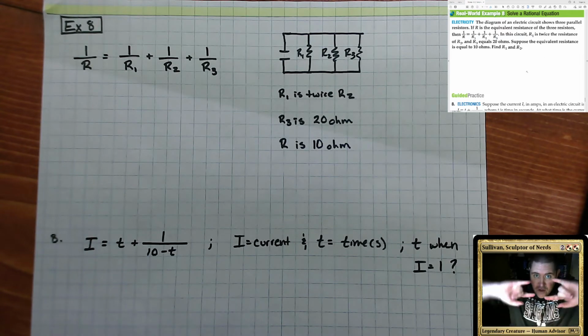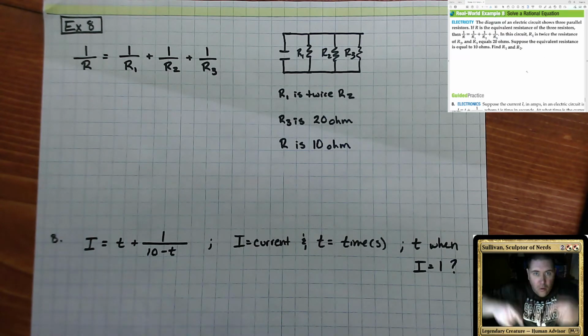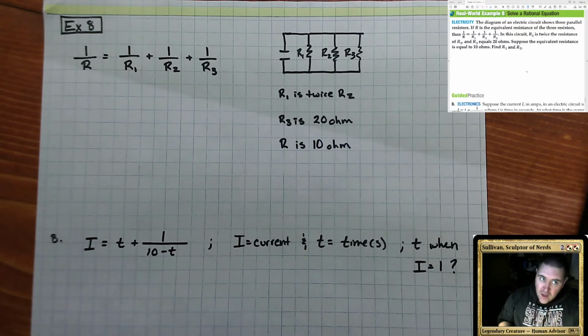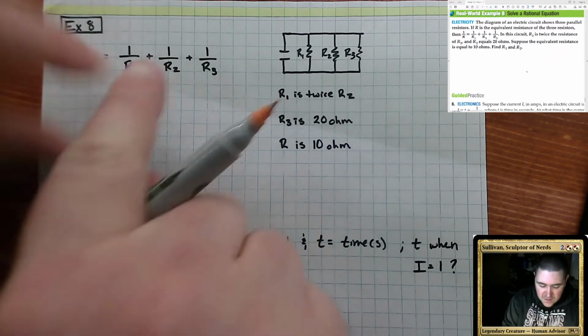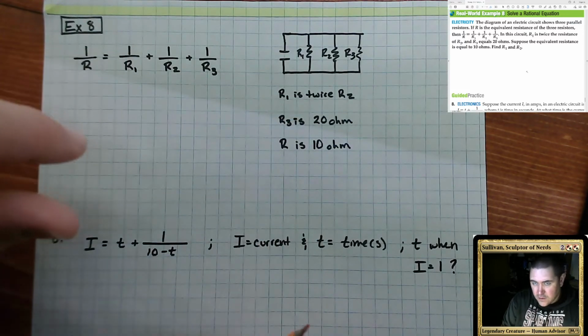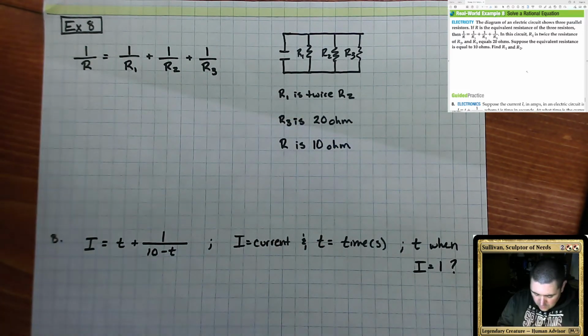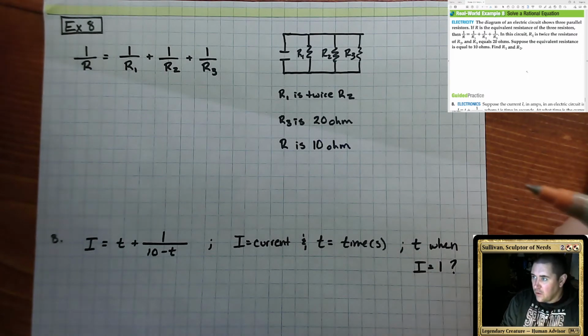No, you cannot just swap the whole thing. You cannot just flip the whole thing upside down and say, well, isn't that just all of that, but over ones? No, you can't do that. Because these are sums, not products. I can't just take the reciprocal.